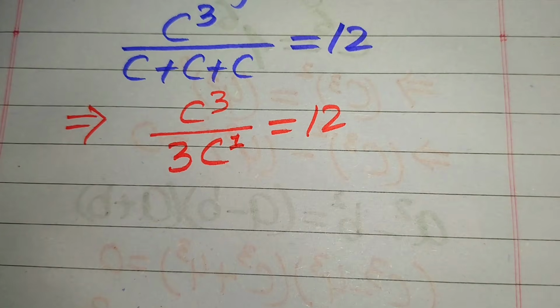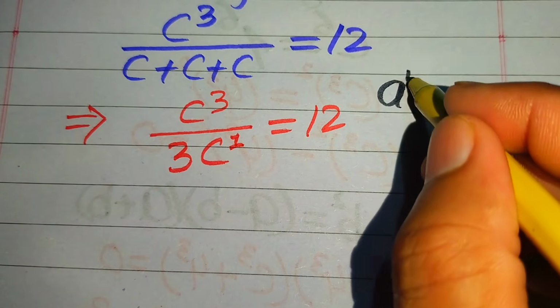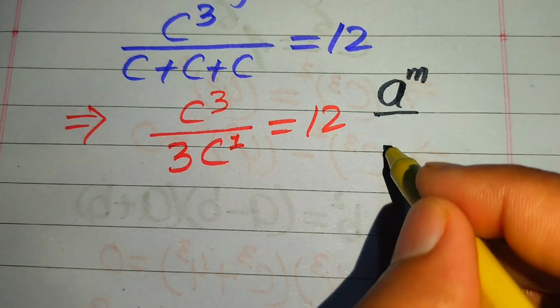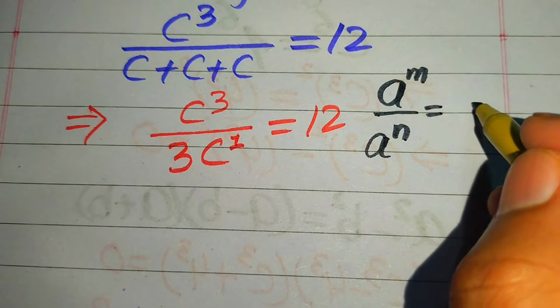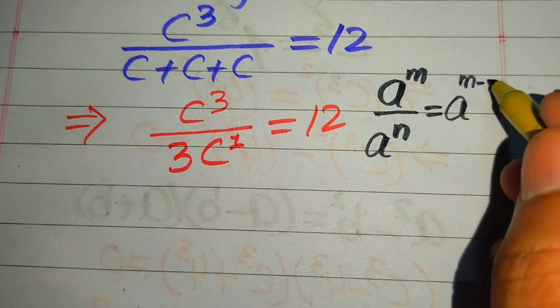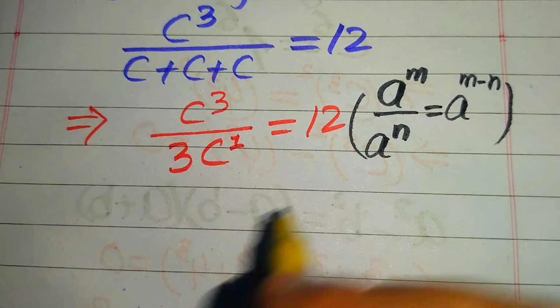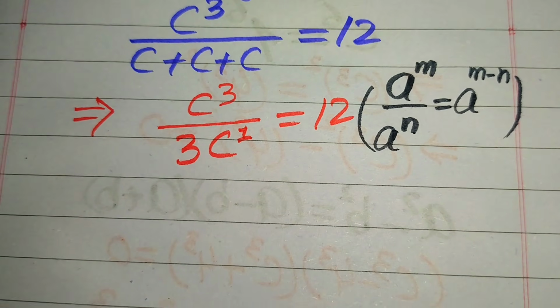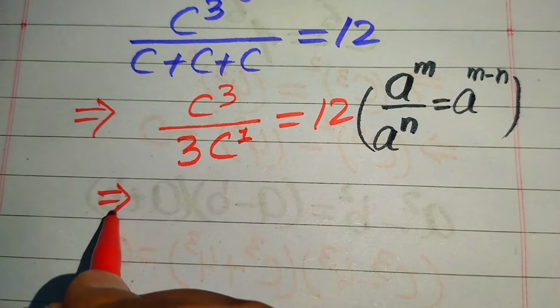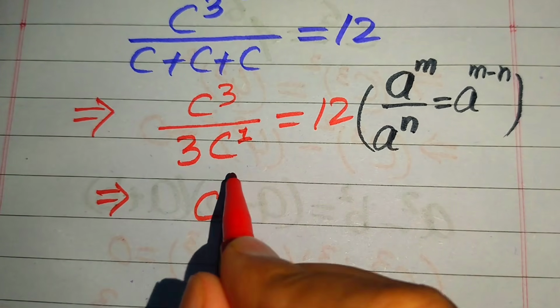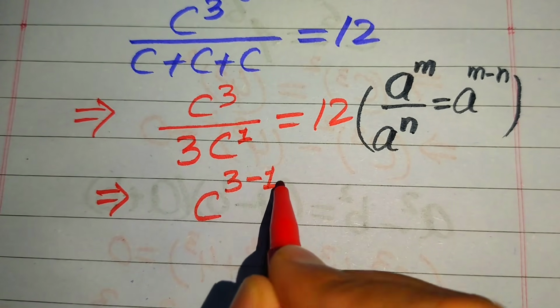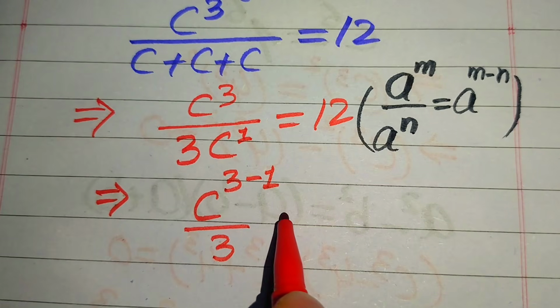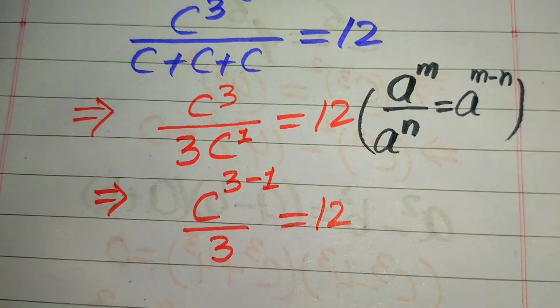You know that if we have a to the power of m divided by a to the power of n, this is equal to a to the power of m minus n. So according to this rule of exponents, we move the exponent 1 upwards, and it will be written as c to the power of 3 minus 1 divided by 3 is equal to 12.